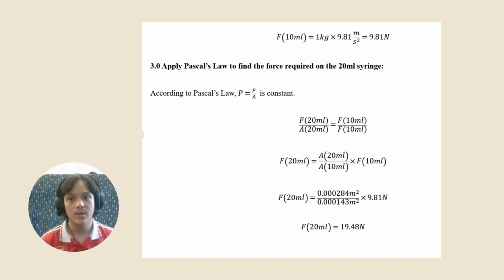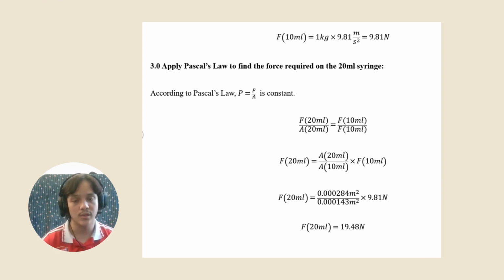For the third step, we must apply Pascal's law to find the force required for the 20 milliliter syringe. As we know, according to Pascal's law, P equals force over area is constant, which is we can make F for 20 milliliter over A for 20 milliliter the same as the force on 10 milliliter over the area on 10 milliliter.